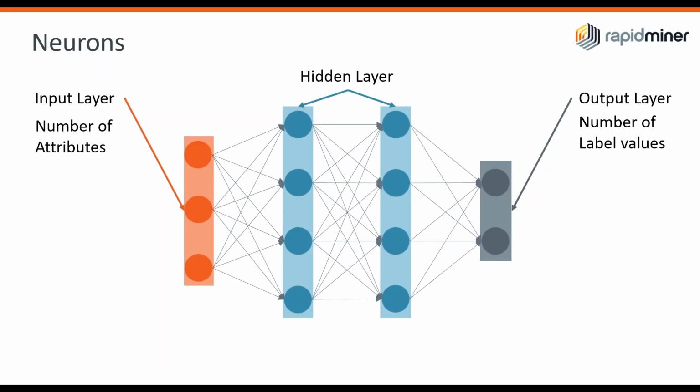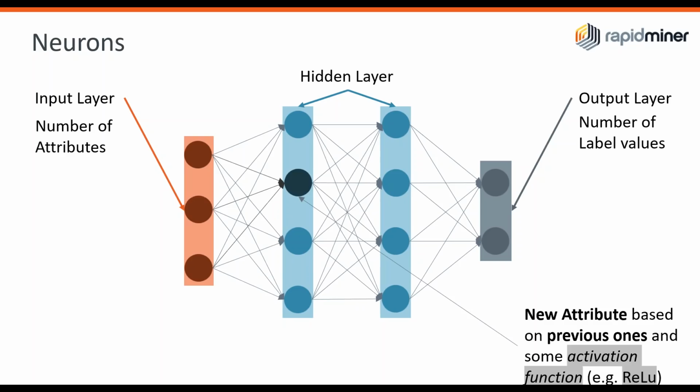And as you might have guessed already, these are somehow connected, and we'll talk about this connection a bit more later on. But let's first identify what these neurons in the hidden layers are about. So as you can see, I've highlighted the 3 neurons, so the 3 attributes in the input layer. And the neurons in the first hidden layer are somehow a mixture of the previous attributes.